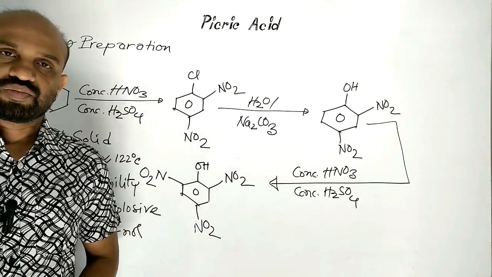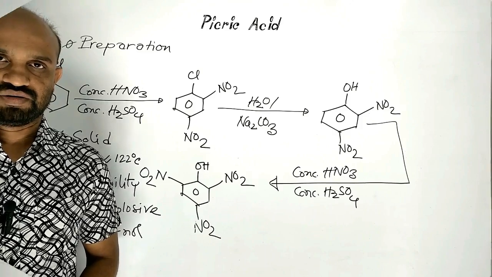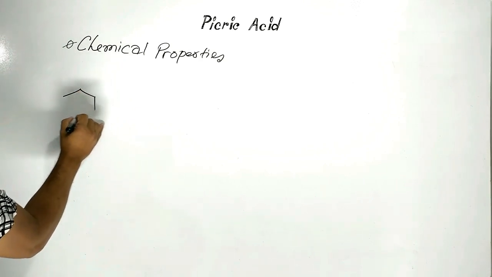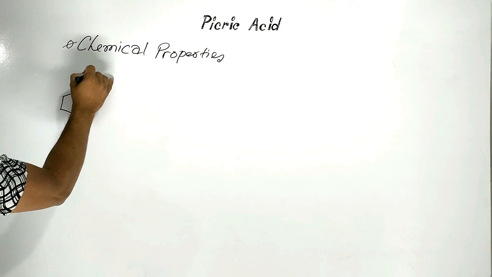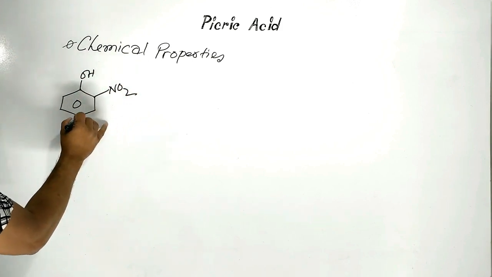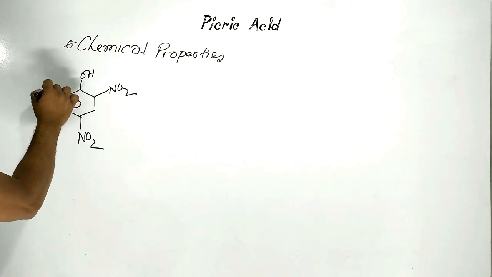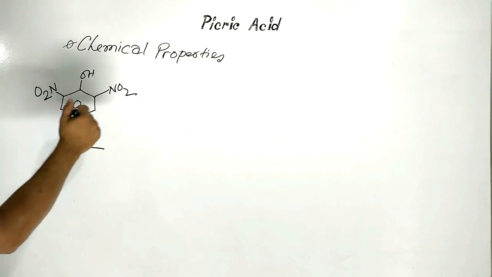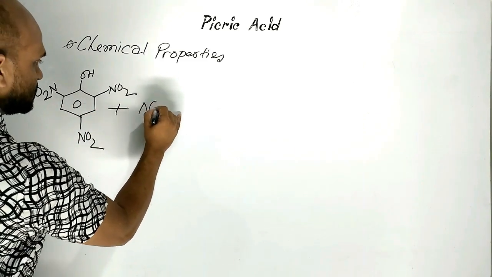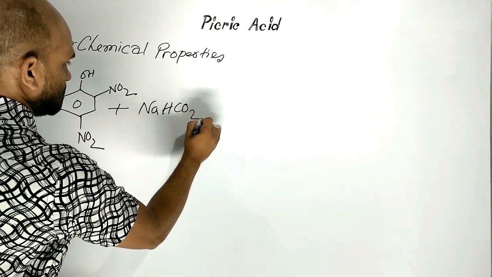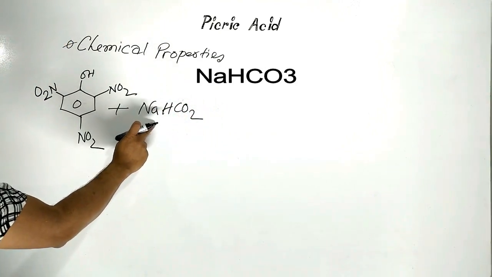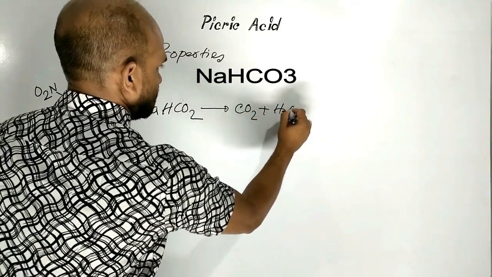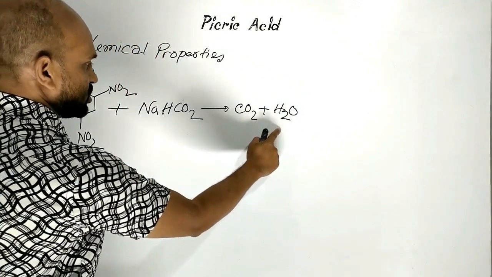Now let's see chemical properties of picric acid. Picric acid, 2,4,6-trinitrophenol, produces carbon dioxide gas reacting with sodium bicarbonate, and water is formed as byproduct.